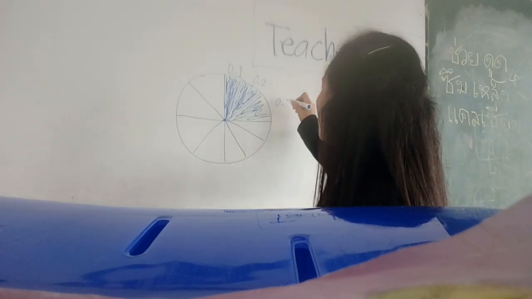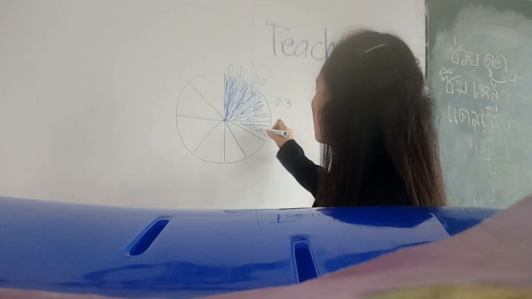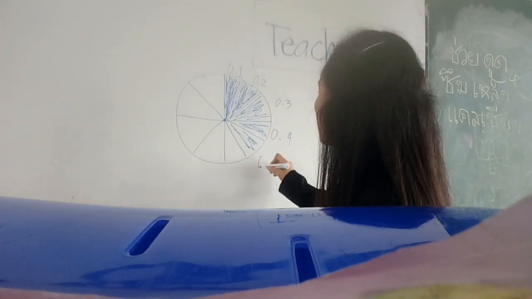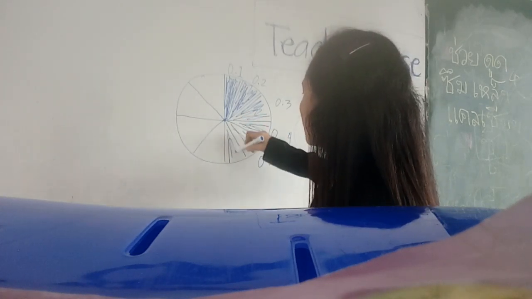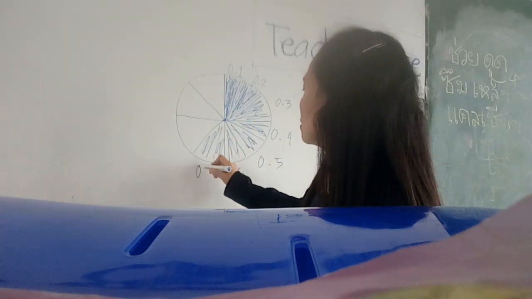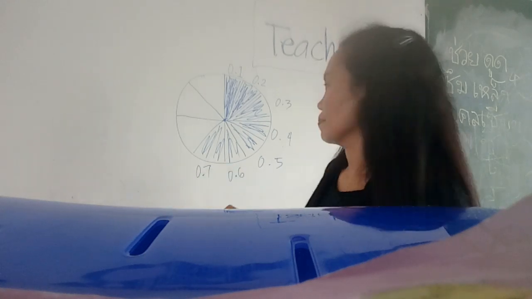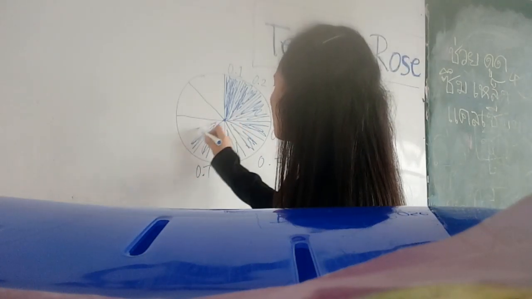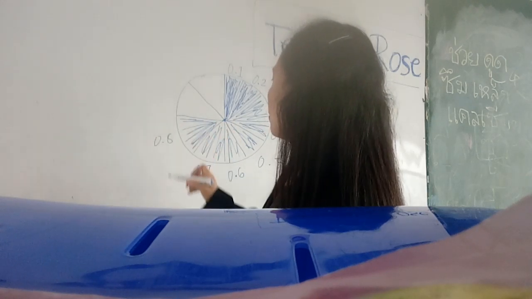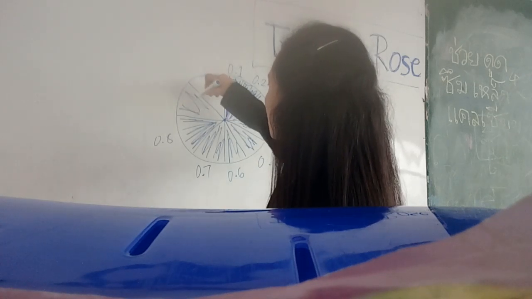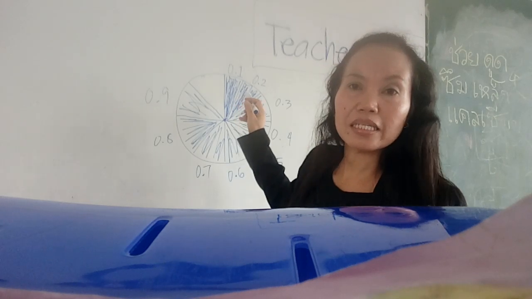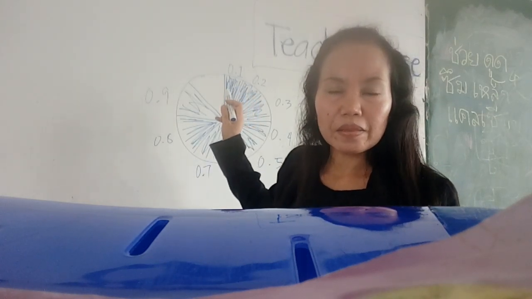This one is 0.3. This one here is 0.4. 0.5. 0.6. 0.7. 0.8. 0.9, and the last slice is what?